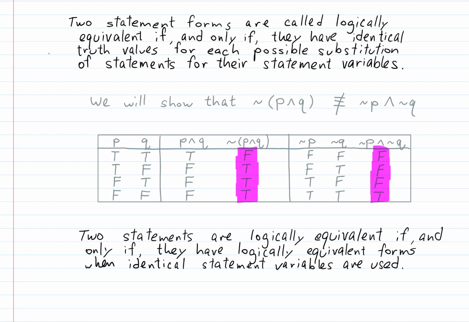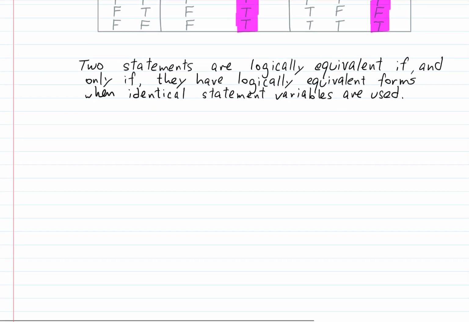Now, we can get a lot of laws of logic in this way. Okay? So I'm going to prove for you several laws of logic. Okay, so the first one is called, there's two of them, called De Morgan's laws.